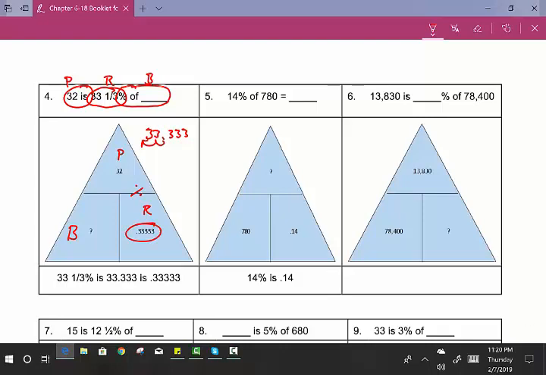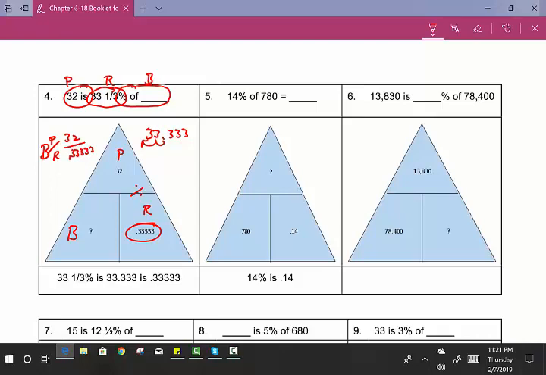So now the base is equal to part divided by rate. So that's 32 divided by 0.33333. And that's going to equal 96.